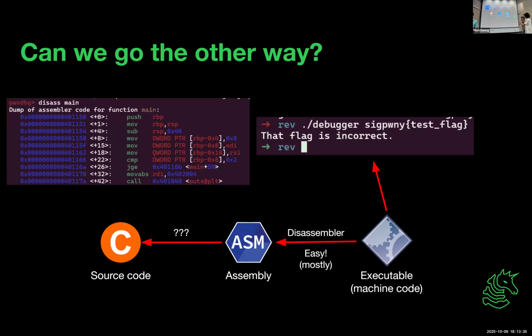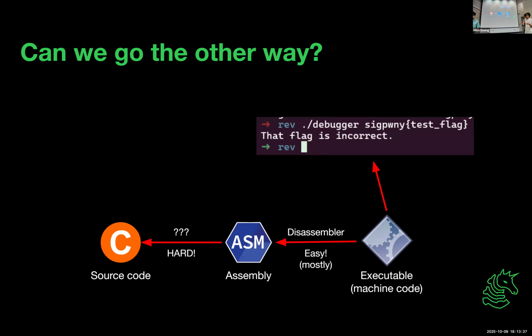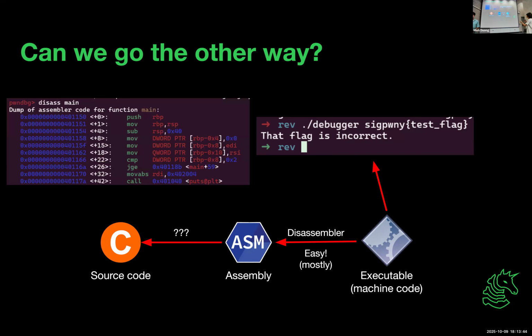So we have the disassembler, and this step is pretty easy compared to the next step. What it does is take these binary bytes, which you can see on the left here, and turn them into assembly.